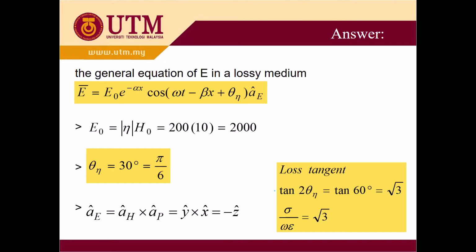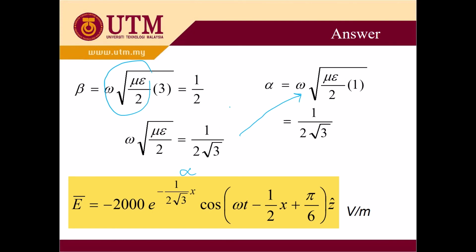We see the general equation, where we have a beta. Here we have beta and also theta n. So this is beta and this is theta n. And the direction of E is in the direction of minus z. So we have here a minus in the z direction.